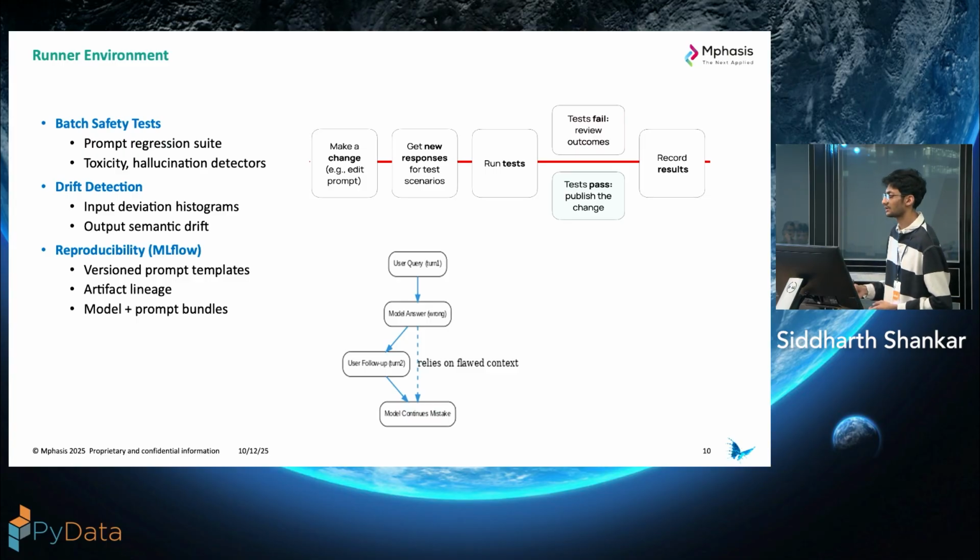This is also where we can slowly start introducing some responsible AI principles or safety tests. One thing that's quite new is a prompt regression suite. This is basically a fancy term for having a list of prompts, and you're refining them based on the responses those prompts get from your LLM.